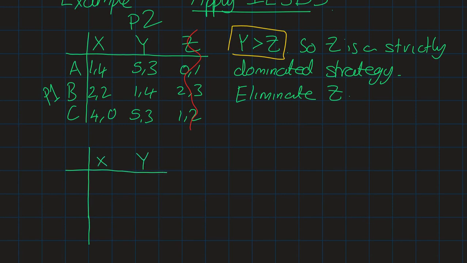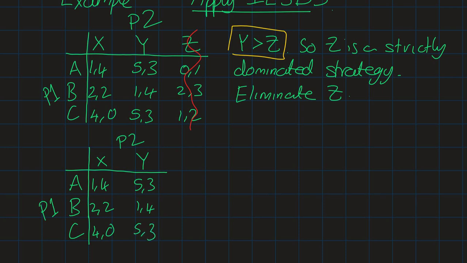So you can't cross out multiple things on the same table. You need to redraw the table after every elimination. Okay, so here's the new table.